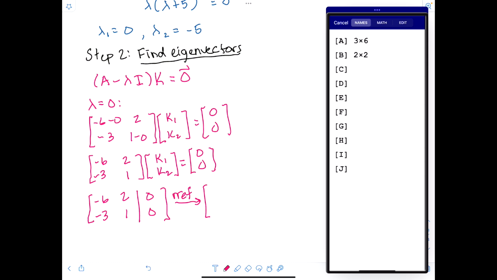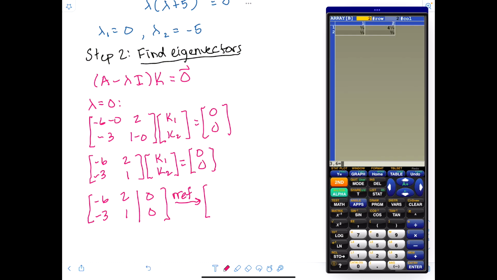We'll edit matrix B. Matrix B is going to be 2 by 3. And we have negative 6, 2, 0 going across, and then negative 3, 1, 0.